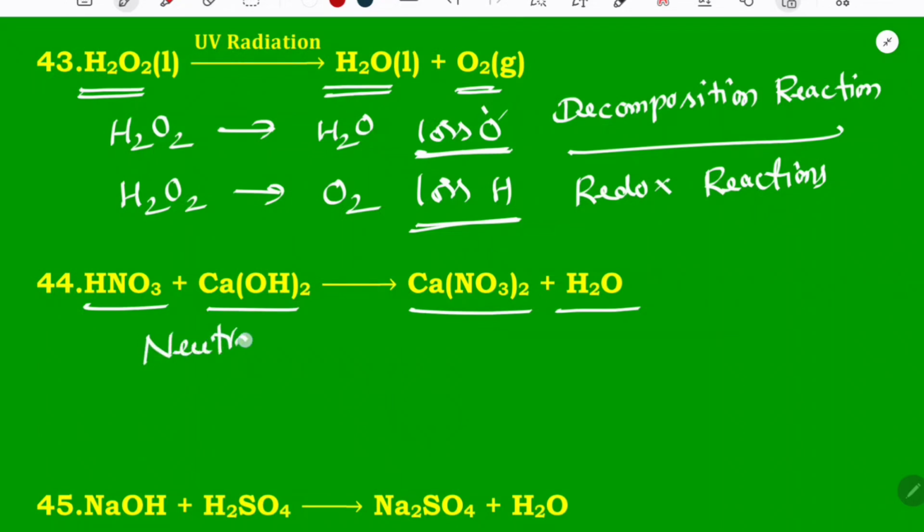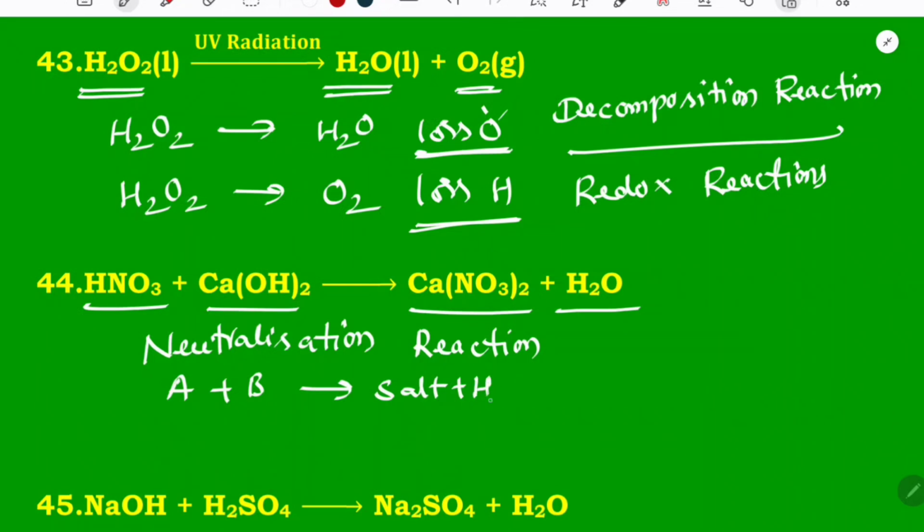We can't discuss neutralization fully here; in the coming chapter we will discuss it. Neutralization means acid and base combining to form salt and water. But carefully observe here -1, +1, -1, +2.